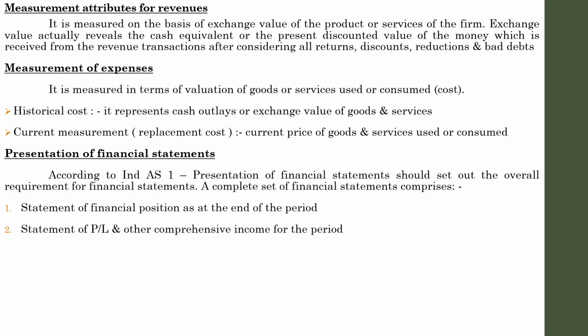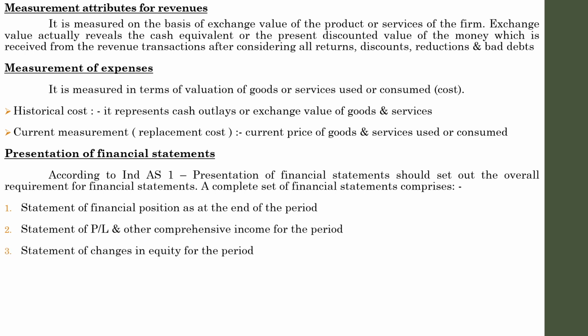But International Accounting Standard 1 allows an entity to present a single combined statement of profit and loss and other comprehensive income, or two separate statements. In a general sense, as per the new standard, every company should prepare a statement of profit and loss and other comprehensive income for the period.